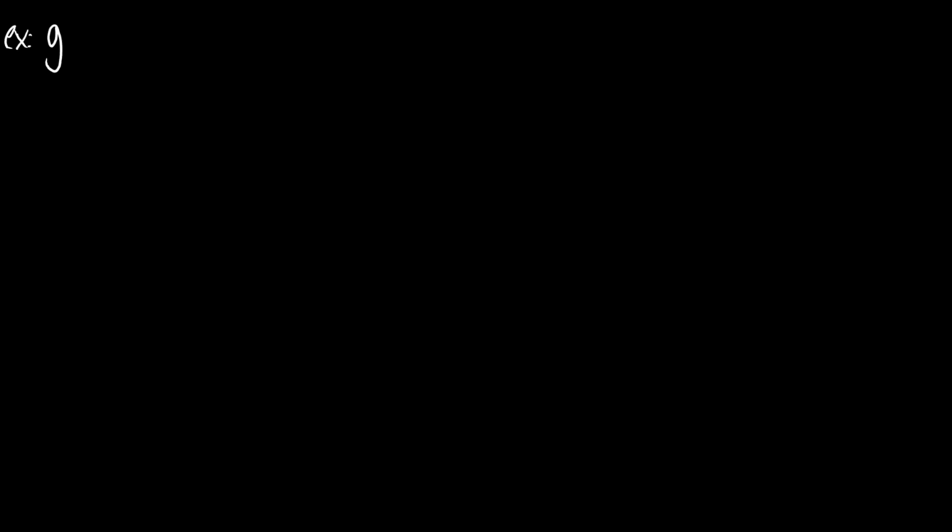Our next example is g of x equals square root of x squared minus 3x. Remember, our square root, this value in here has to be greater than or equal to 0. So let's just set this equal to 0 so we can find our x values here. So let's factor.